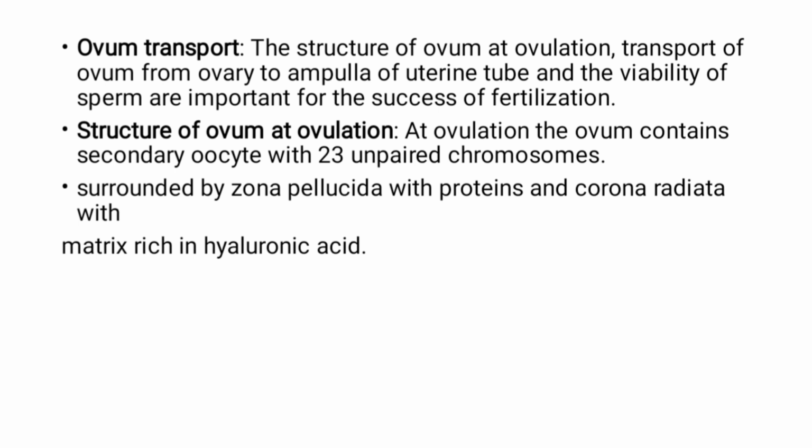The oocyte is surrounded by the zona pellucida, which contains proteins, and the corona radiata. The corona radiata is the first layer, followed by the zona pellucida. Then we have the cell membrane, where the sperm enters to meet with the nucleus of the female oocyte to cause fertilization.